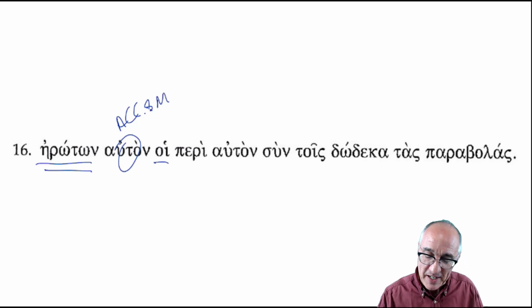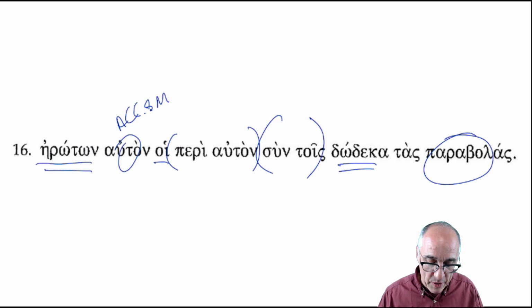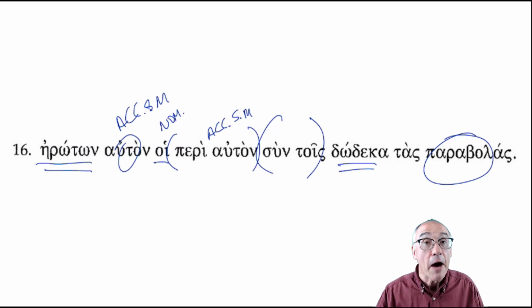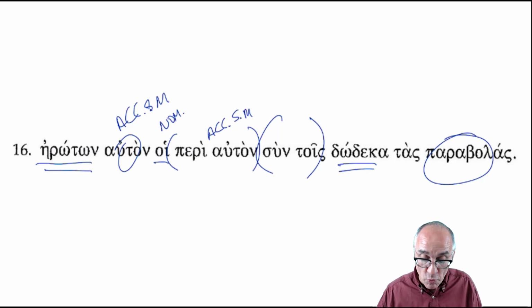Accusative singular masculine, periauton, sun tois dodeca, tas parabolas. Those, the people, hoi, kind of the substantive use. Those, your nominative. Around him, periauton. This is your accusative singular masculine. With peri, and notice it's not just about him in a metaphysical sense. It's the physical. Those people physically around him.